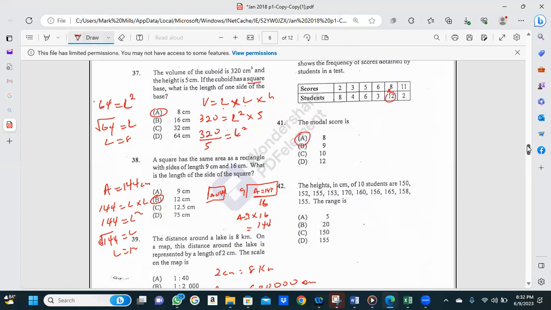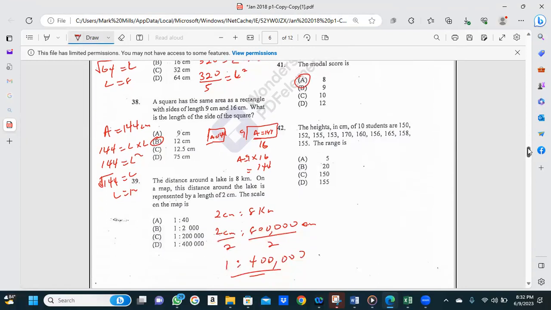42. They want us to find the range. Range is the largest number minus the smallest number, right? So when you look right here, what's my largest number here? The highest minus the lowest.